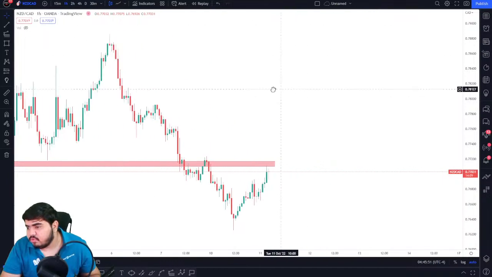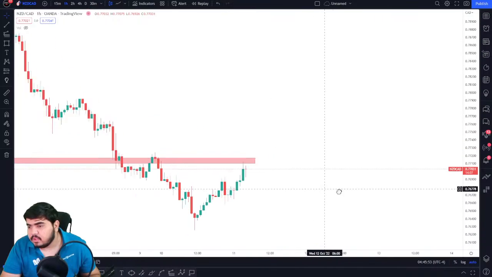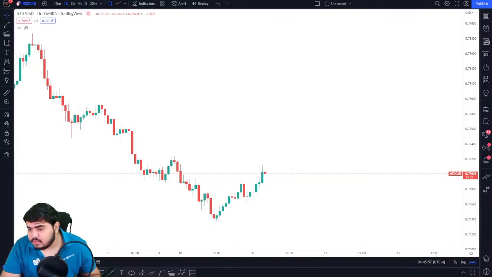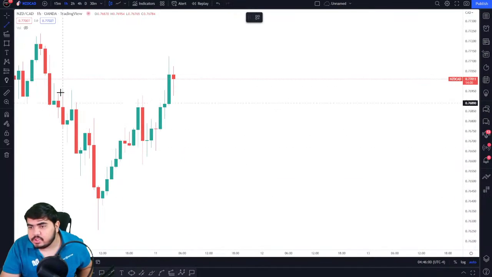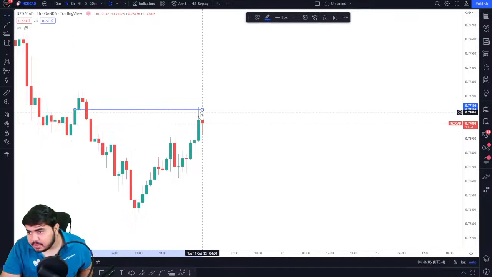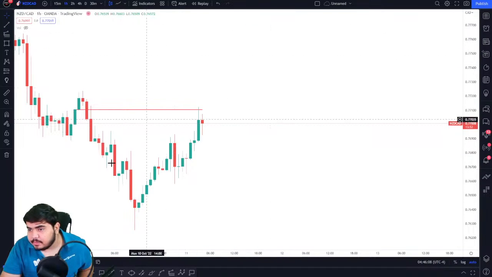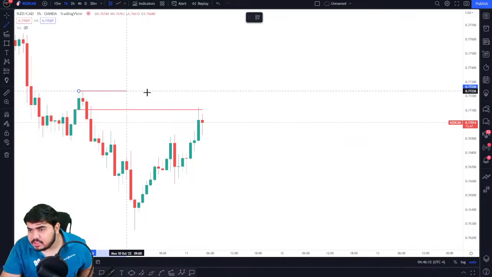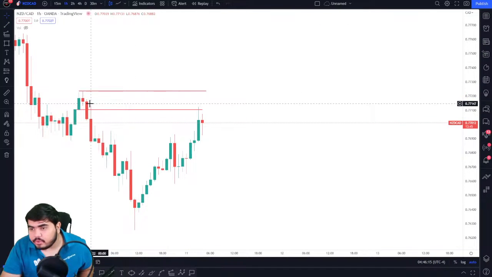Now if we go toward the 1-hour time frame and I remove this here, you can see there is this order block area as well. So if I mark this line right here and a line on the upper wick as well, this is basically an order block zone.